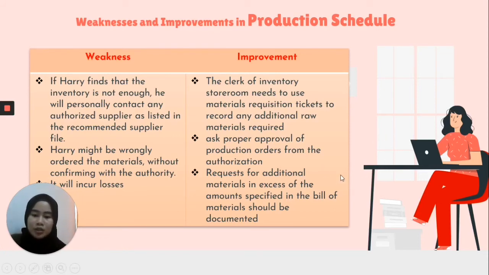The document is to provide evidence of a valid transaction. This is to prevent any misuse of orders and inventory. A company needs to operate efficiently to prevent waste of production. Careful review and approval also ensure that the correct production orders are released. Next, weaknesses.